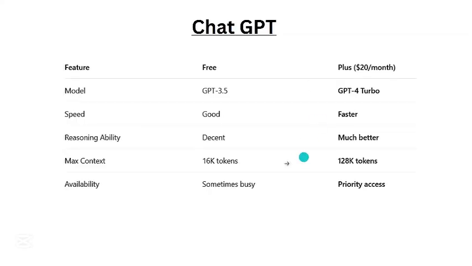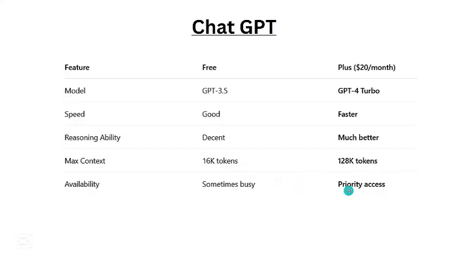And the tokens: 16,000 tokens are available in the free version, and in Plus there are 128,000. That means you see a limitation in the free version. If you work with ChatGPT most of the time, you might have noticed that sometimes you exceed the limit of using it.